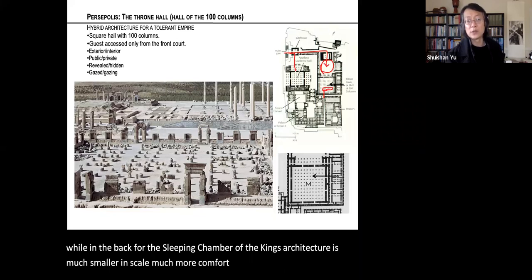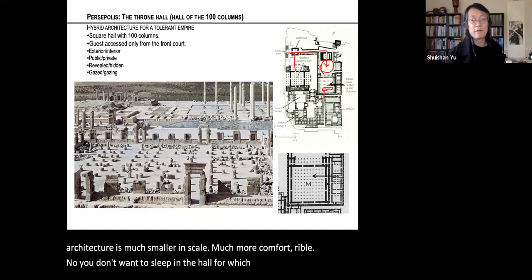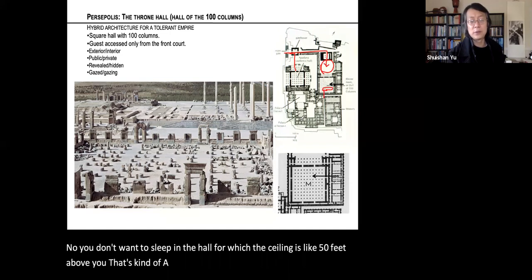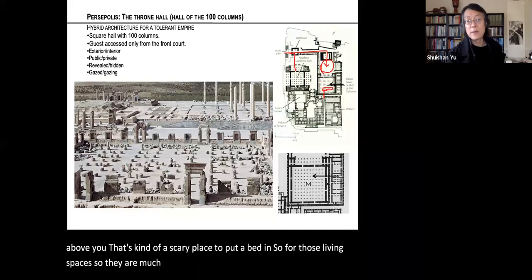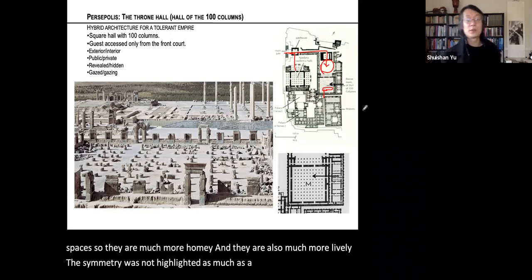You don't want to sleep in a hall for which the ceiling is like 50 feet above you. That's kind of a scary place to put a bed in. So for those living spaces, they are much more homey, and they are also much more lively. The symmetry was not highlighted as much, not as formal as in those ceremonial spaces.